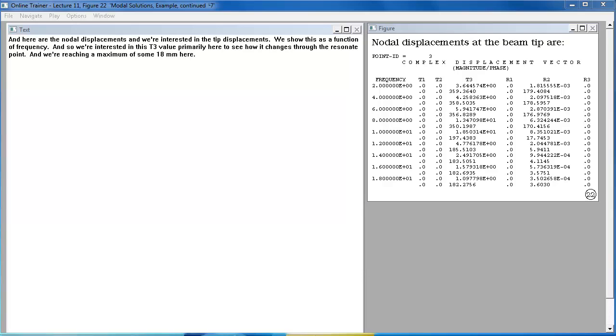We show this as a function of frequency, and so we're interested in this T3 value primarily here to see how it changes through the resonant point, and we're reaching a maximum of some 18 millimeters here.